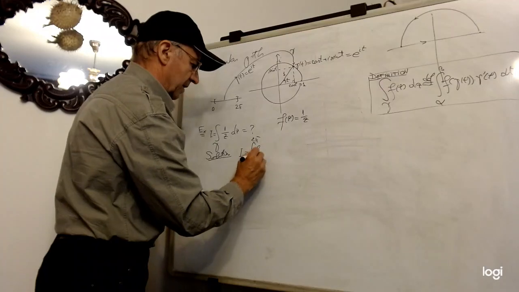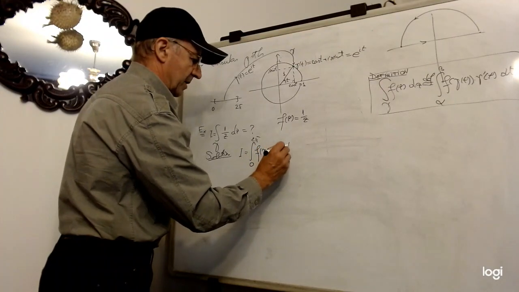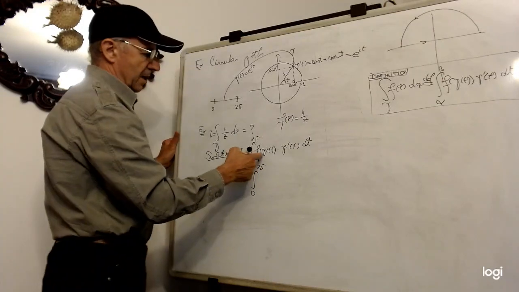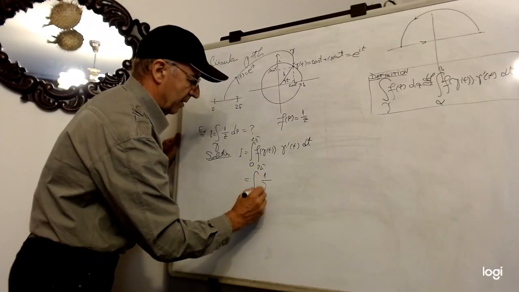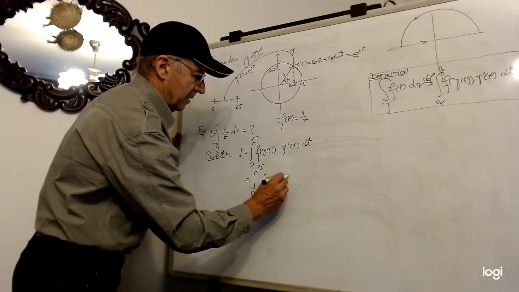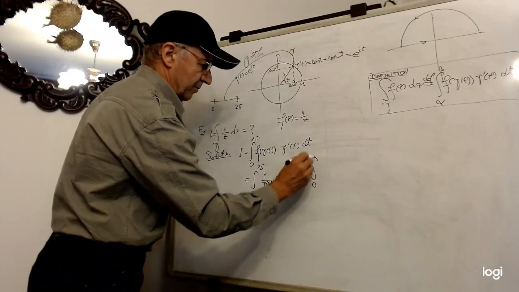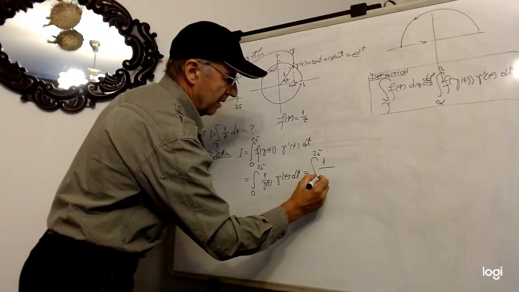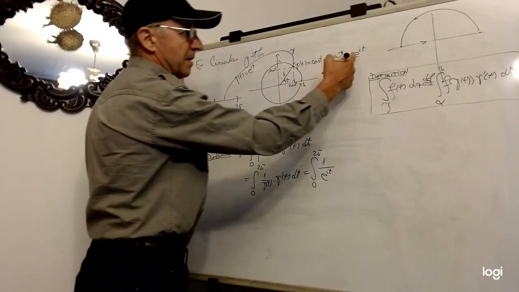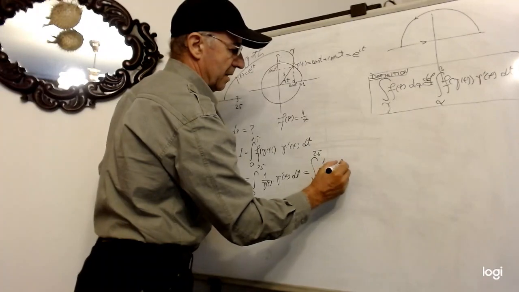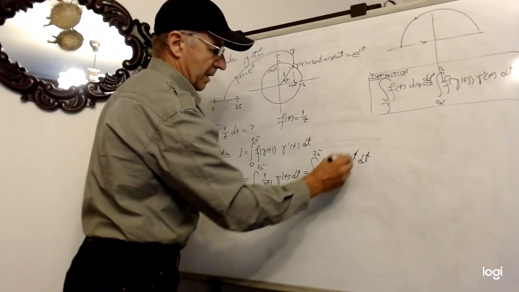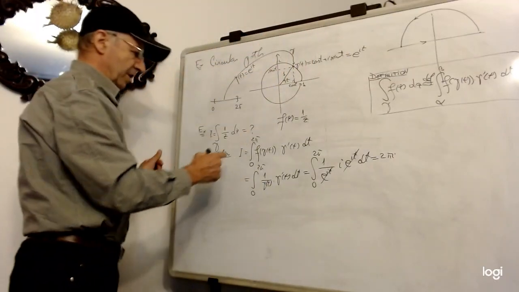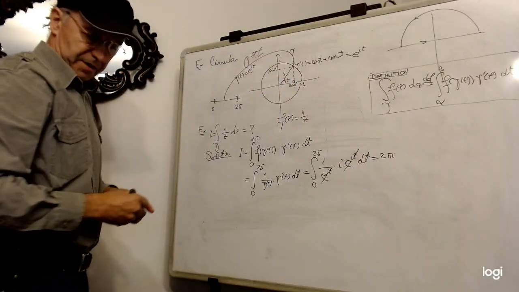So we write f of gamma of t times gamma prime of t dt, which equals the integral from 0 to pi of 1 over gamma of t, where gamma of t is exponential of it, times the derivative of this with respect to t, which is i exponential of it, dt. We can simplify here, and we get 2 pi i. So we have computed an integral along such a circular path.